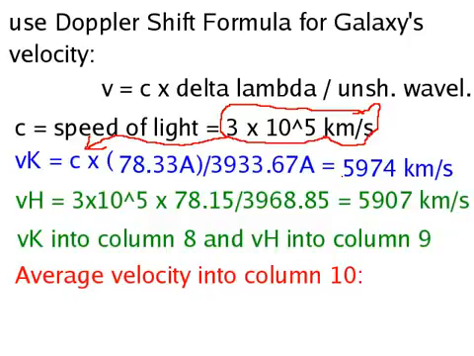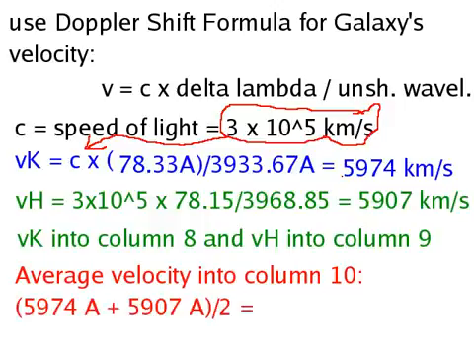So in our example, we just had 2 experimental numbers. So we add those up and then divide by 2. So 5,974 angstrom plus 5,907 angstrom divided by 2.